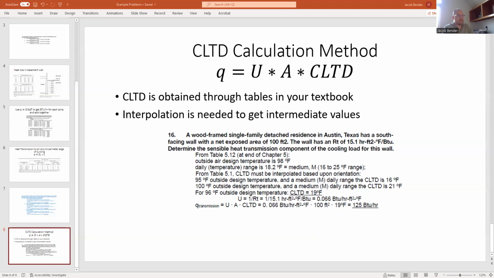That 1.1 has units that cancel out and make things nice and pretty for your airflow, which is measured in cubic feet per minute, or CFM. Just note that if it's asking for airflow, your uppercase Q airflow is a separate quantity than your uppercase Q total cooling load.